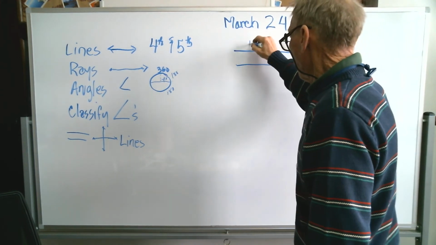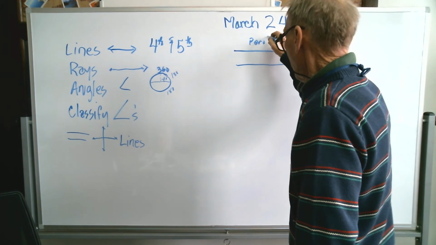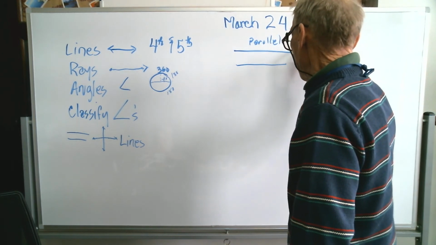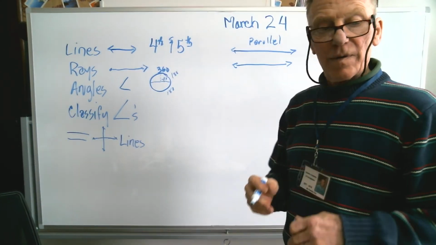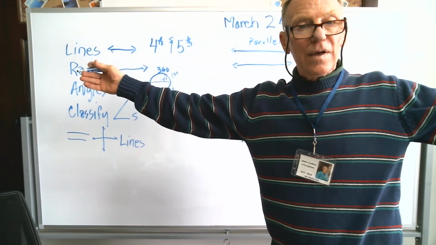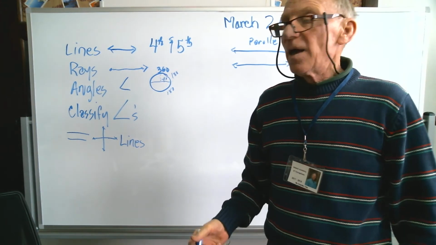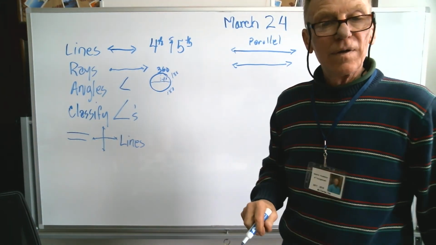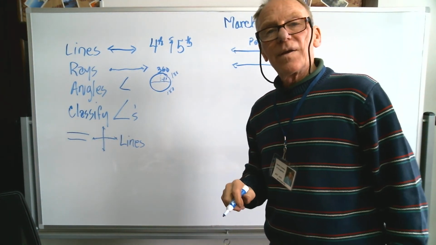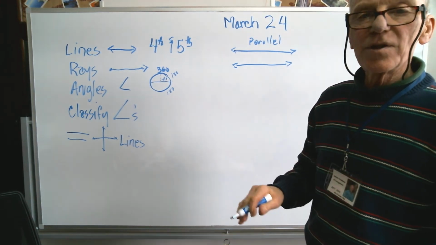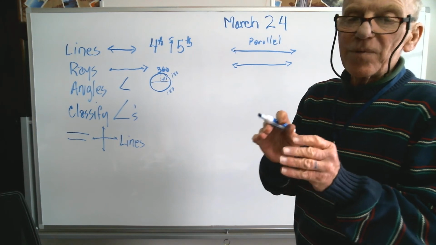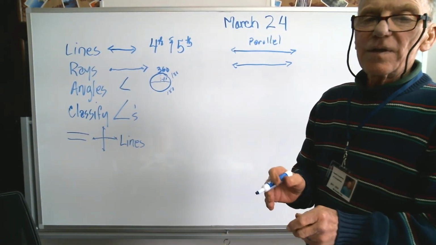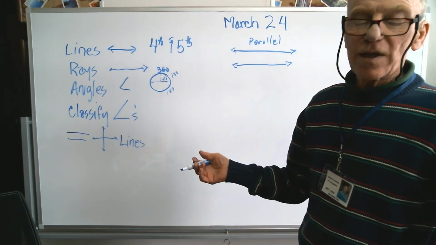Parallel means these lines will run as far as they can run, and they never will touch. They'll never bump into each other, they'll never cross each other, and they'll keep the same distance that they're separated for as far as they go.